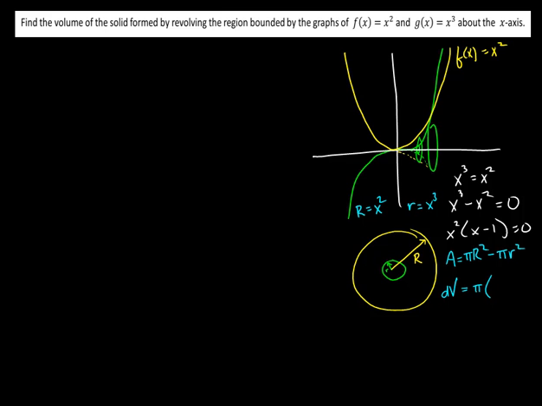But we want capital R squared, so we need x squared squared, which is x to the 4th power, minus little r squared. And if little r is x cubed, then little r squared would be x to the 6th power. And the thickness is given by dx. So that would be the formula for an incremental amount of volume added by one of those sliced washers.